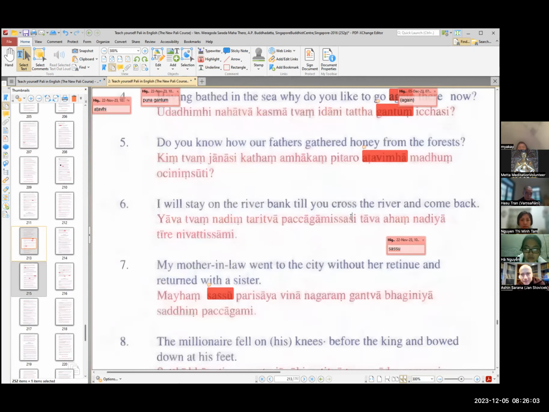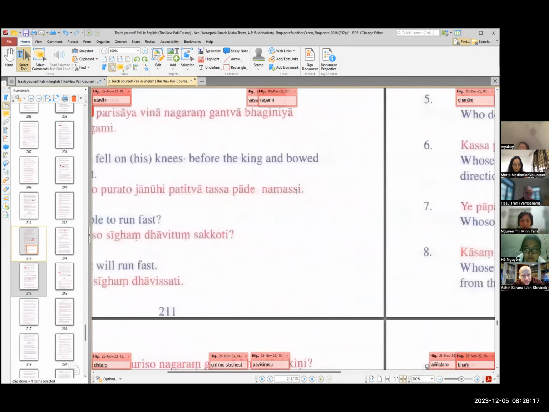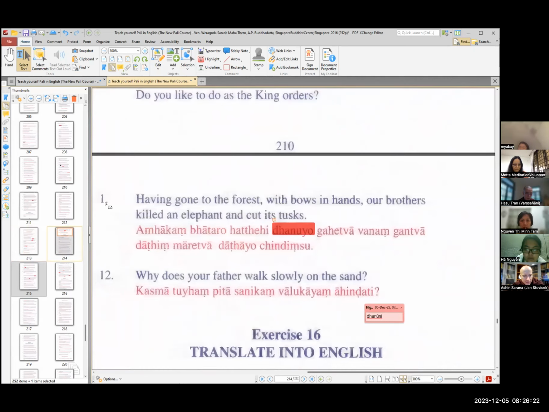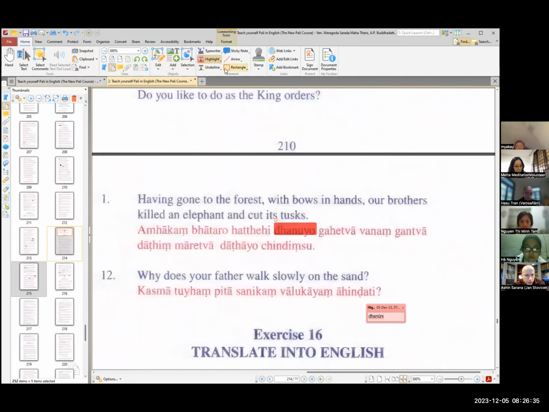Okay, is it clear? Yes, and I think the question number 11 from English to Pali as well. There is one word, the tusk, and I used the Pali dictionary, and I found out that datha is a feminine word. Just a moment.